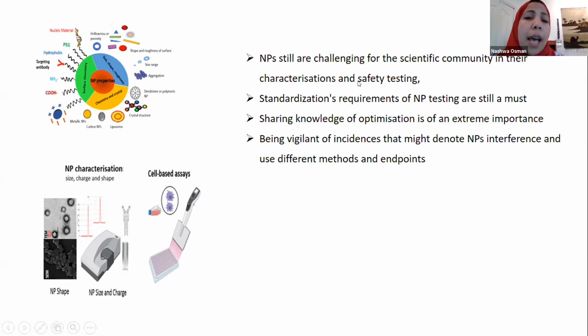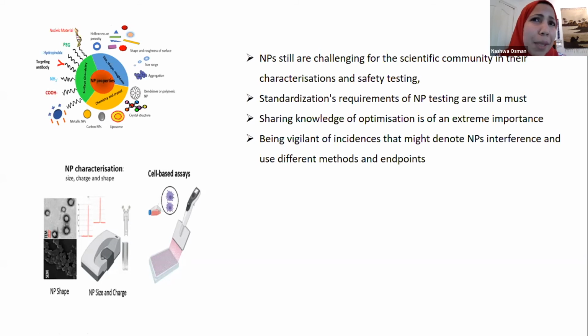We need a method of standardization to ensure that everyone who uses this standardized method gets the common ground that we understand about safety or size or whatever information we should discuss. This is very important information when we share the end results as a publication. We usually don't declare or share the information about the optimization.